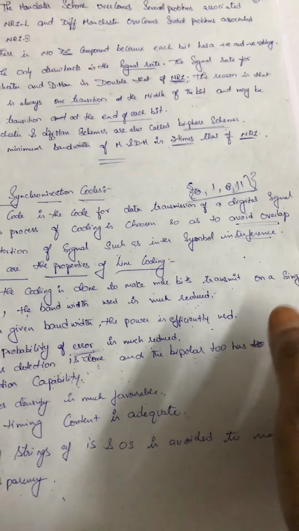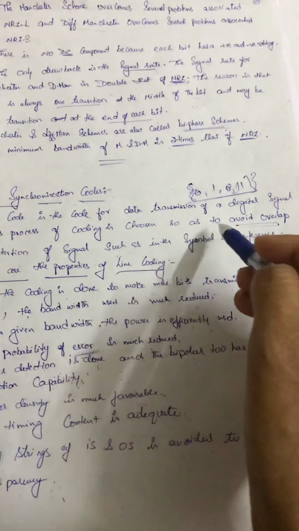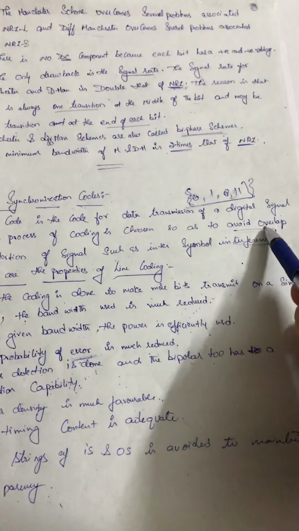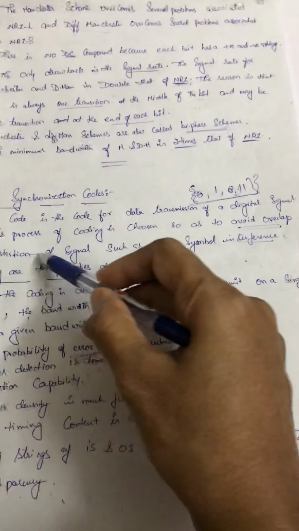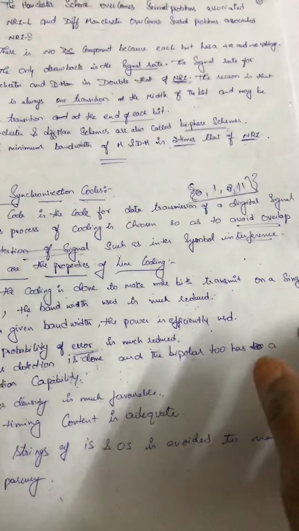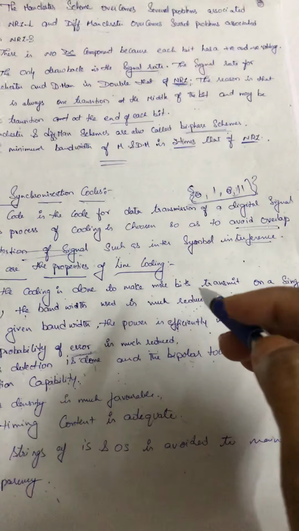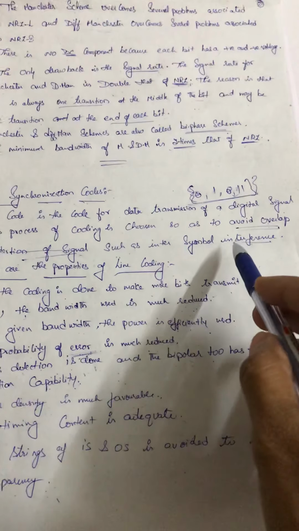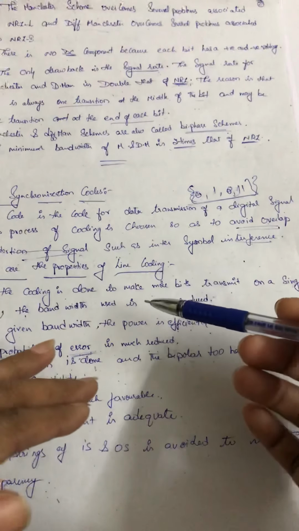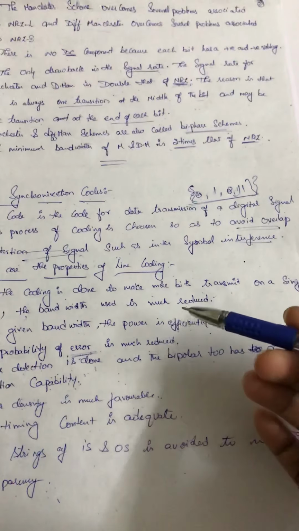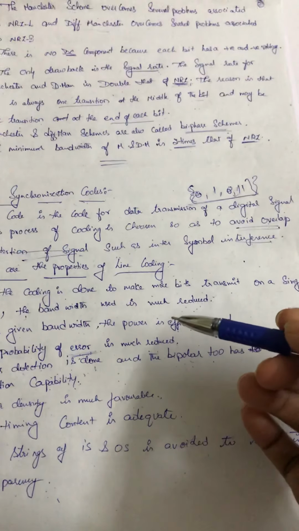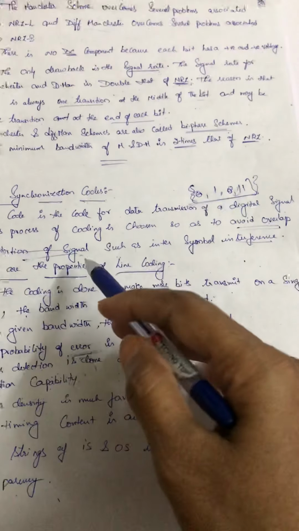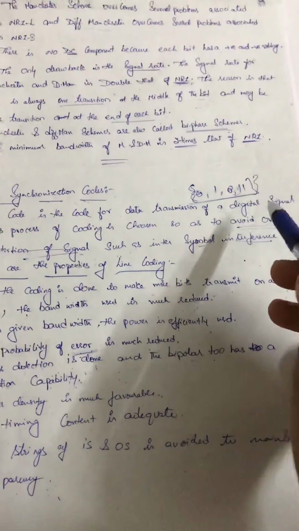This process is chosen so as to avoid overlapping, interference, and distortion of a signal, that is, interference, overlapping, superimposition. For that purpose we chose this process, line coding.